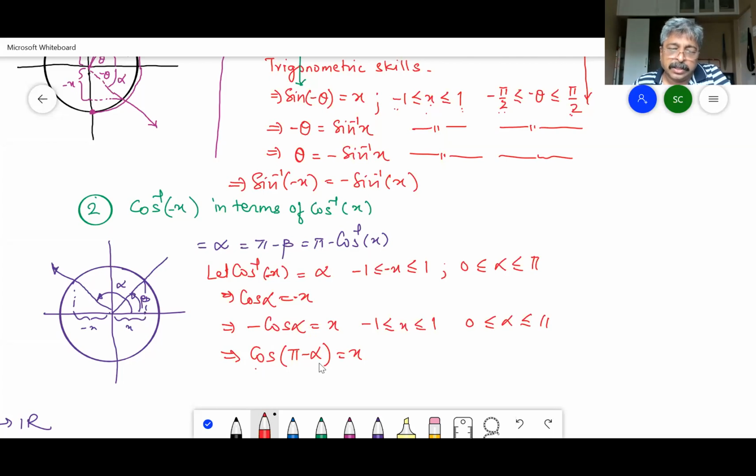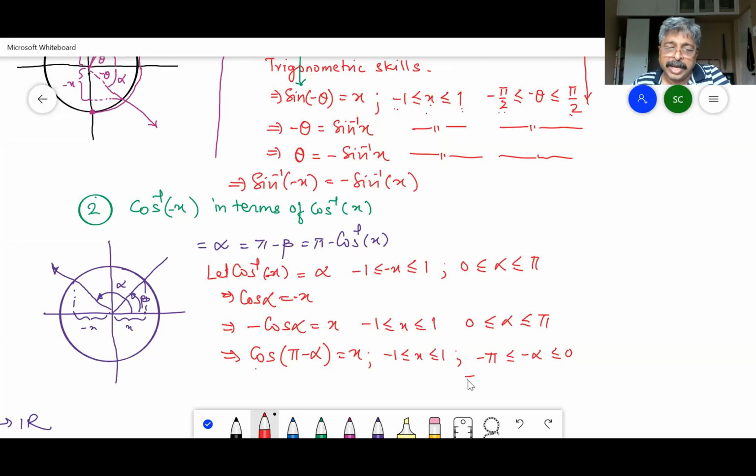If we are about to take cos inverse, we might as well control this angle in the required zone. So our x is minus 1 less than or equal to x less than or equal to 1, and what we have to do is find out the range of pi minus alpha. So I have to multiply this by minus 1. So minus pi less than or equal to minus alpha less than or equal to 0.